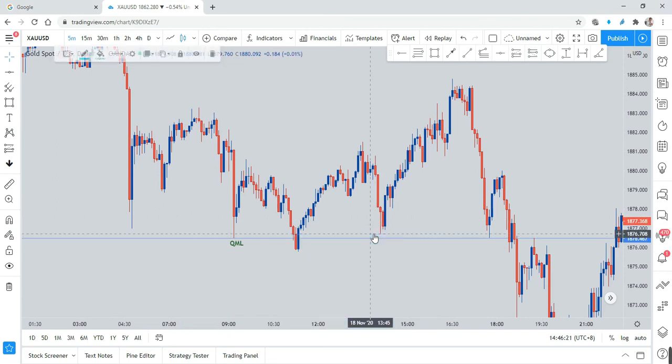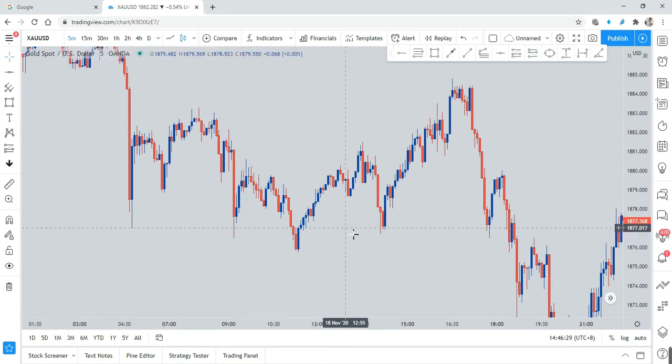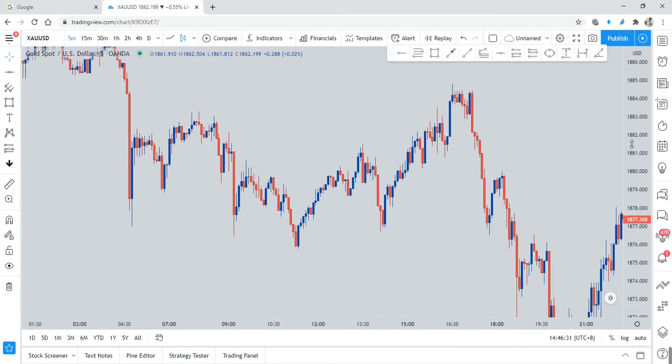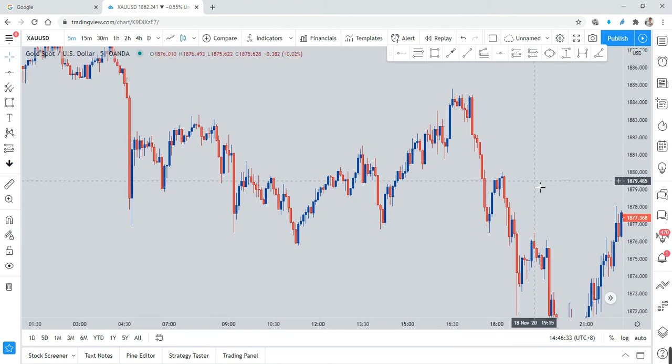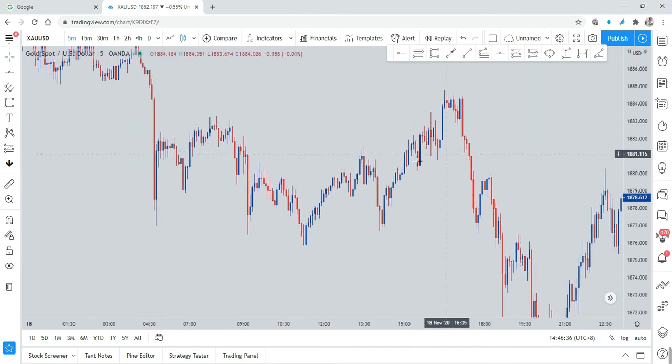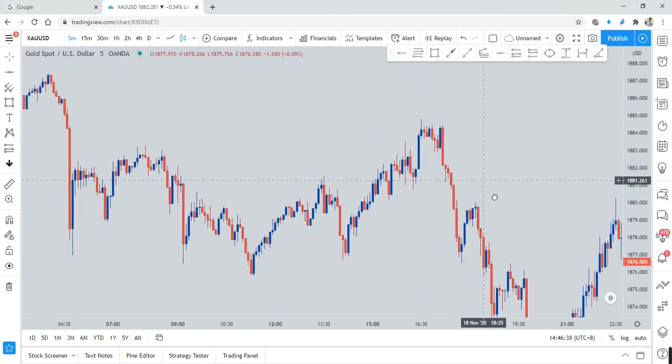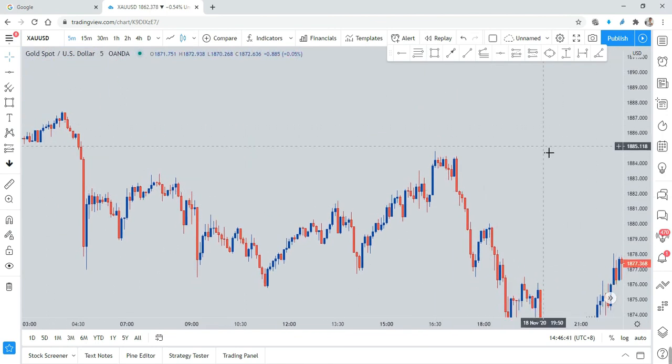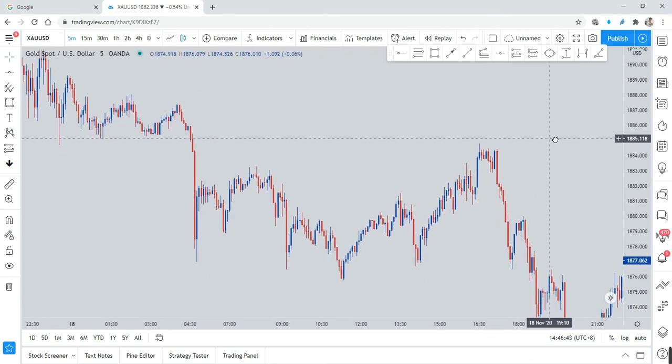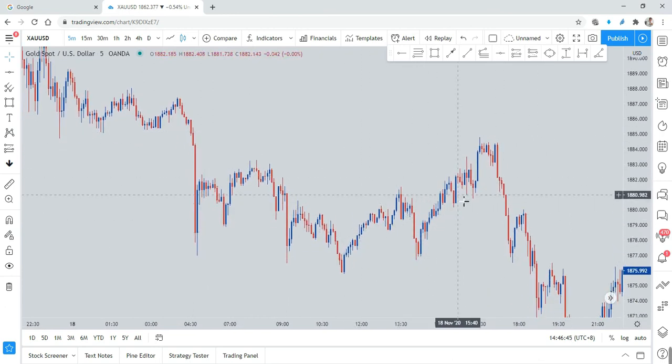A lot of you also ask me, is it possible that every time you get profit you don't get stop loss? No. I do get stop loss, a lot of the time. It's just that I control my risk reward very correctly. You must know what to do with your risk reward. If you look at this trade, it's 1 to 5, which means if I profit from this trade, I can go on for 5 stop losses.